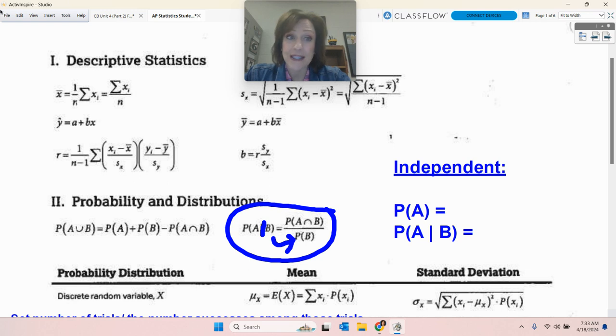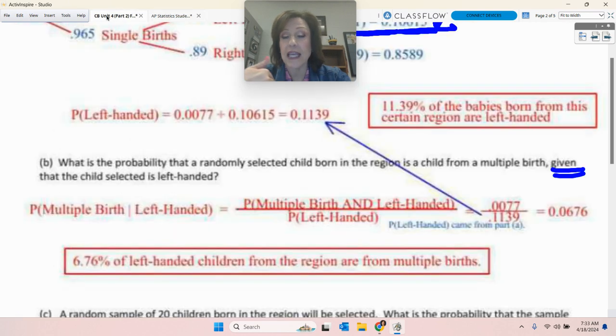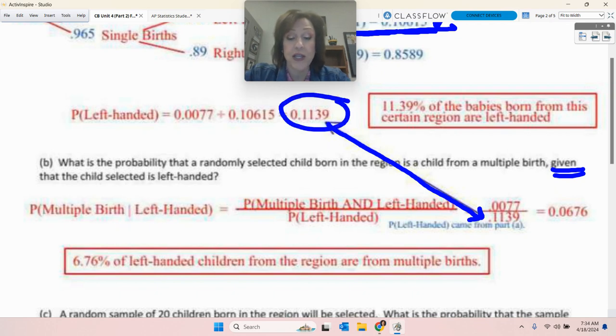What that meant is that even if you missed part A, they expected to see the carryover from part A on the denominator of part B. Whatever answer you got there should be the total proportion who are left-handed. So that's on the denominator.